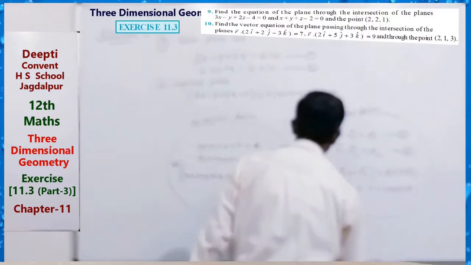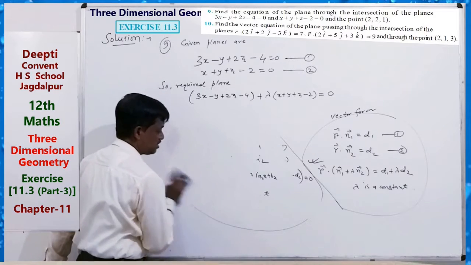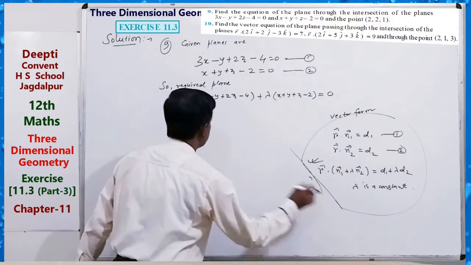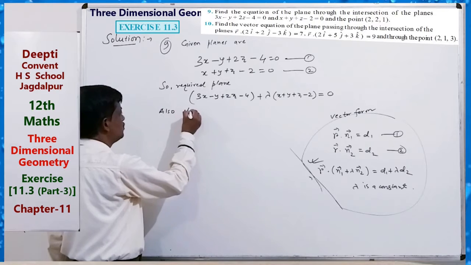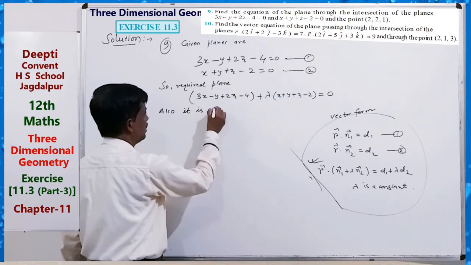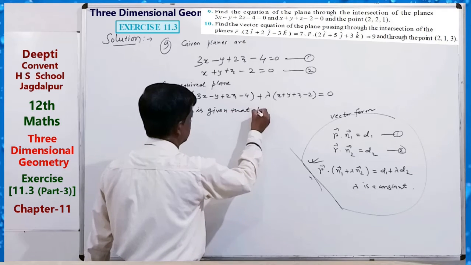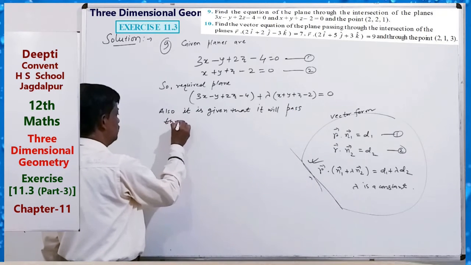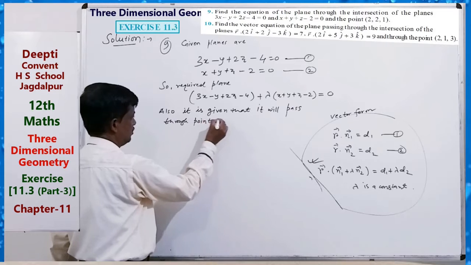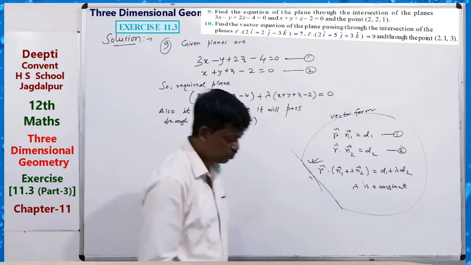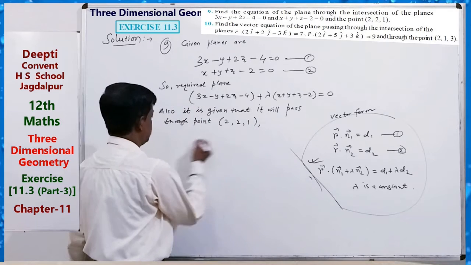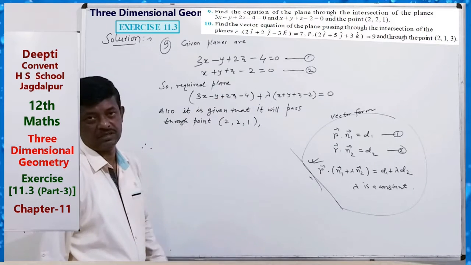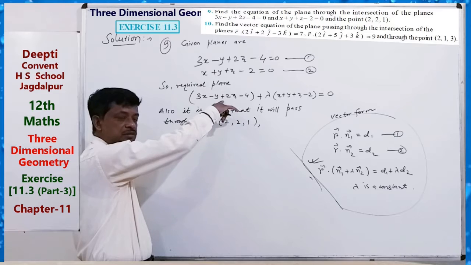Since it passes through the point 2, 2, 1, as given in the question, the point will satisfy this equation.